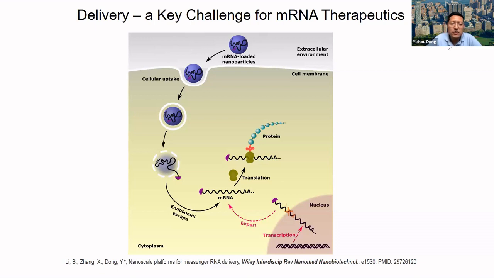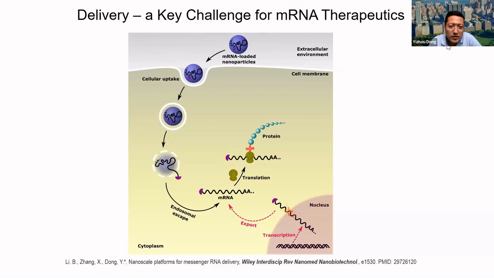Even with the protection of different type of carriers, such as lipid nanoparticles or polymers, there are still many biological barriers. So for example, shown here, if we inject the nanoparticles intravenously, these particles need to diffuse through the extracellular matrix, and also meanwhile avoid the filtration by kidney, uptaken by phagocytes, and then they are uptaken by the desired cell populations.